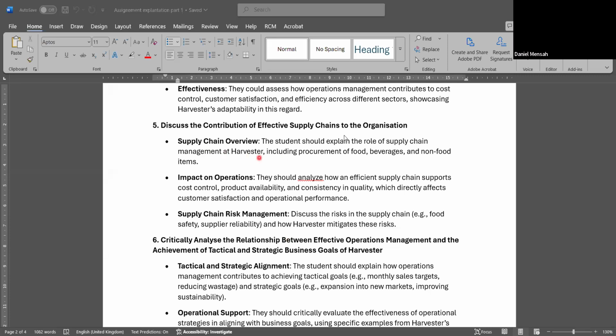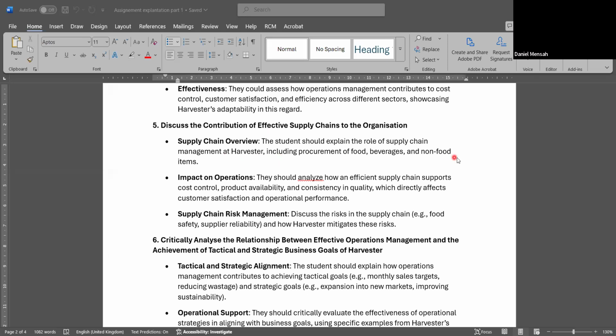For this part, first of all, you are going to give the overview of the supply chain. You are explaining the role of supply chain management at Harvester, including procurement of food, beverages, and non-food items, whatever supply is required in your selected organization, Harvester.